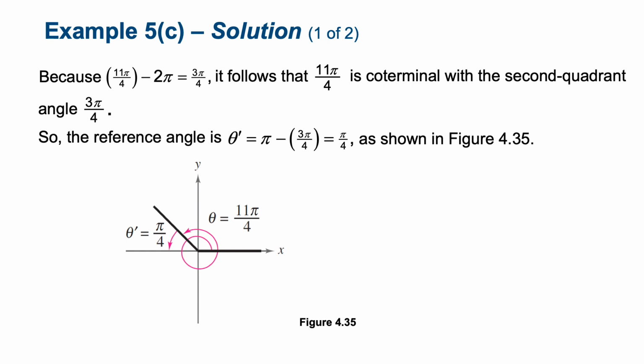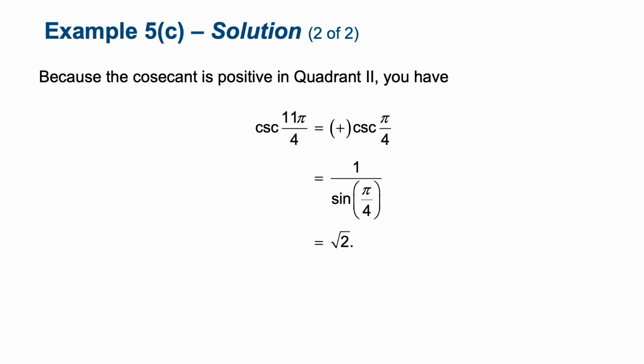It's coterminal with 3 pi over 4. That means the reference angle is pi over 4, because we want the acute angle it makes with the horizontal x-axis. So theta prime is pi over 4. Cosecant is positive in quadrant 2, so cosecant of pi over 4 is 1 over sine of pi over 4, which is root 2.